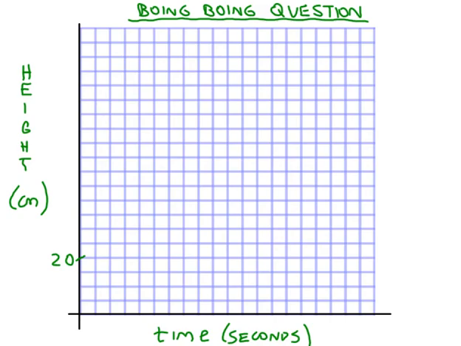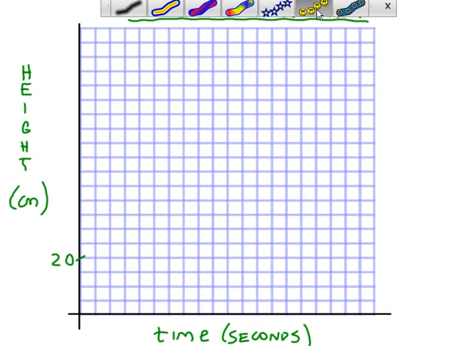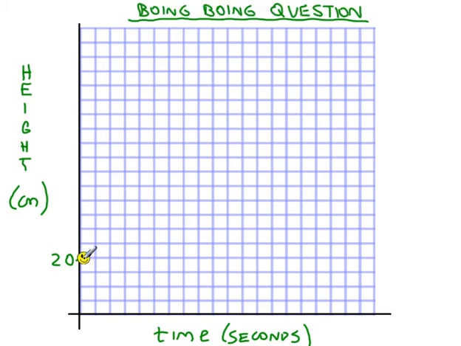So we know one of the points right now. One of the points on the graph is the point (0, 20). At 0 seconds, we have a height of the block of 20 centimeters. So let's label that point. I've labeled it with a smiley face.